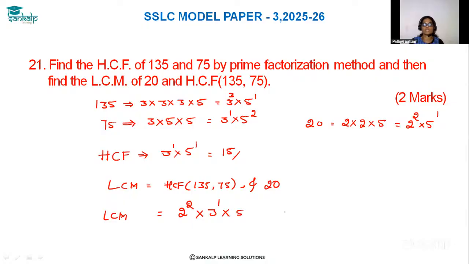So this is equal to 2 into 2 into 3 into 5. 2 twos are 4, 4 threes are 12, 12 fives are 60. So the highest common factor of 135 and 75 is 15 and the LCM of 20 and the highest common factor of 135, 75 is 60.